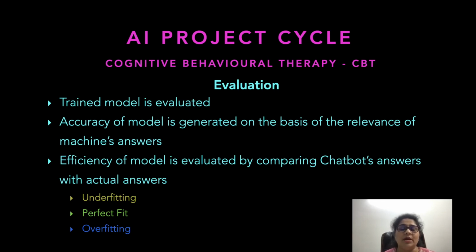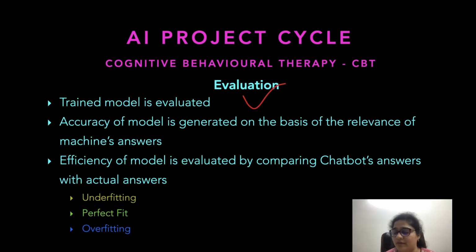I thought of something and built a machine or any project, but until it is tested, its accuracy is not proven. So in order to check the accuracy, how relevant my machine is, the model has to be evaluated.